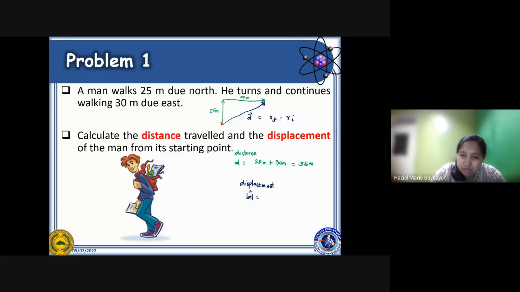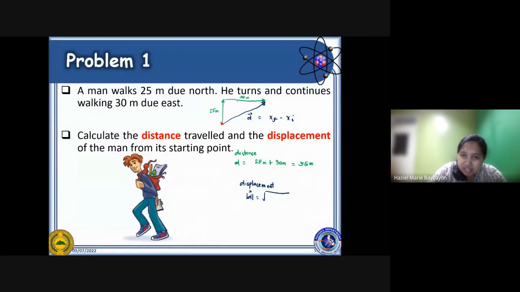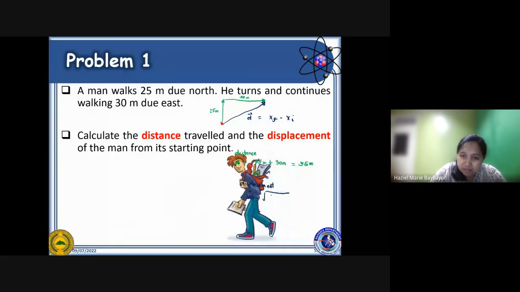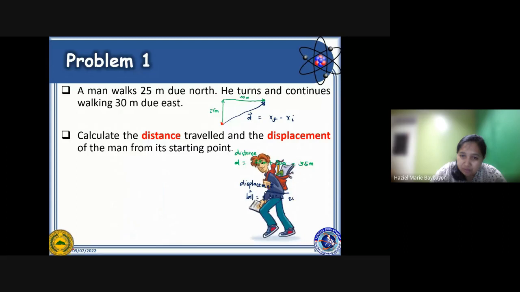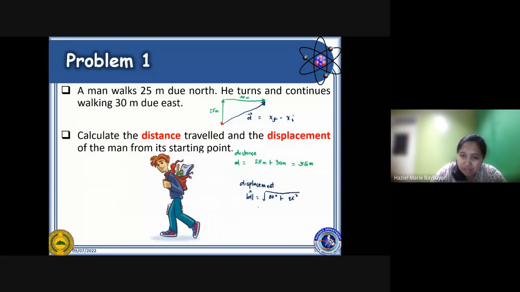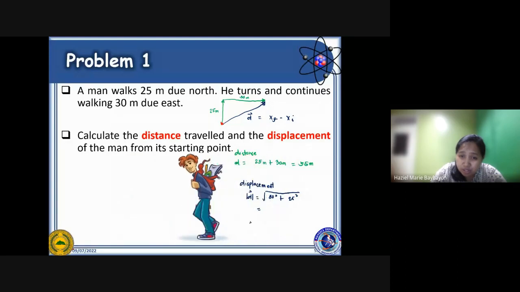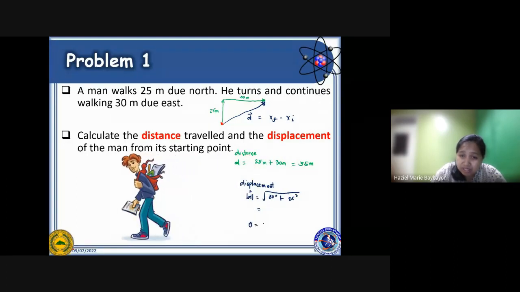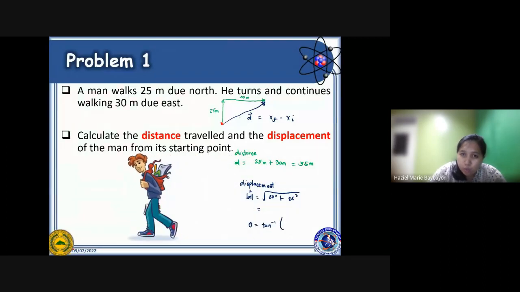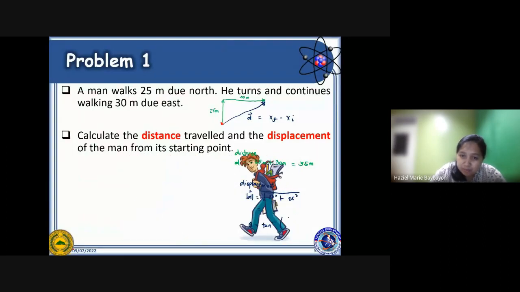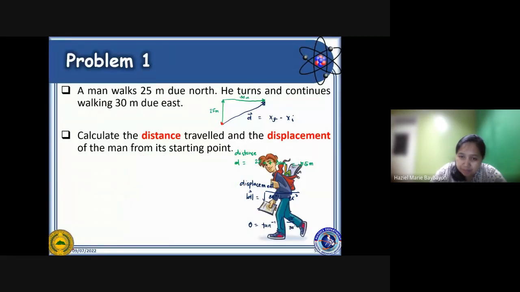So you have the square root of, what is the x here? 30 meters, no? 30 squared plus 25 squared. Okay? So this is the magnitude of the displacement, and then its direction can be obtained using tangent inverse. So you have tangent inverse of your y, which is 25, and then your x, which is 30.